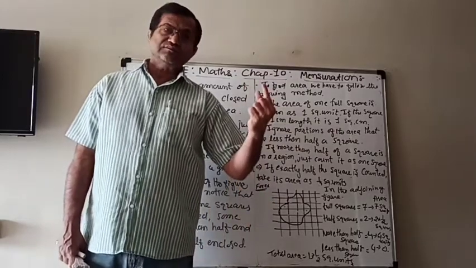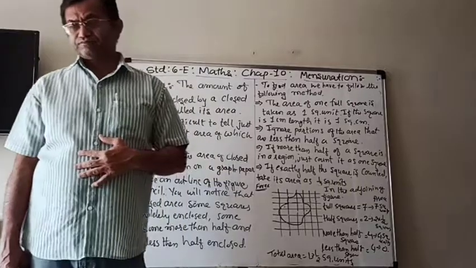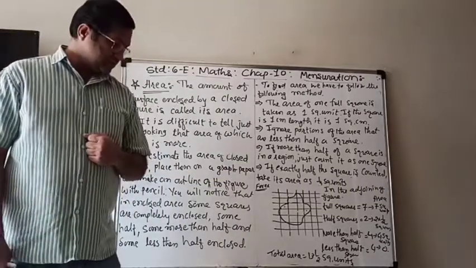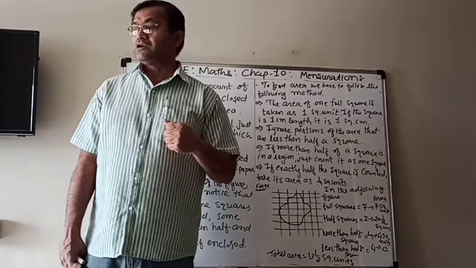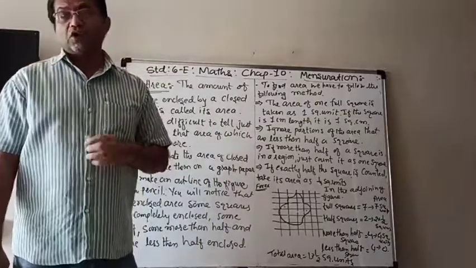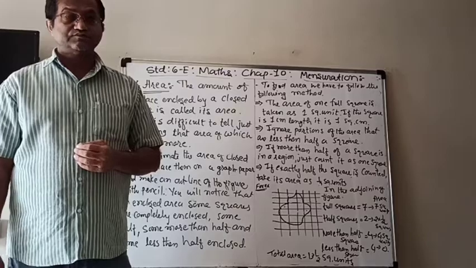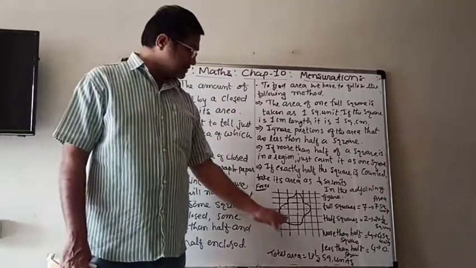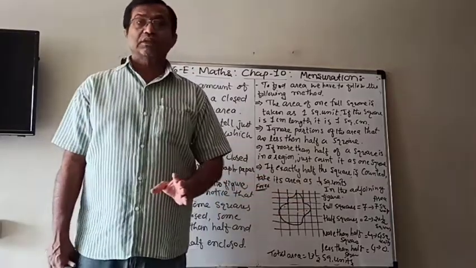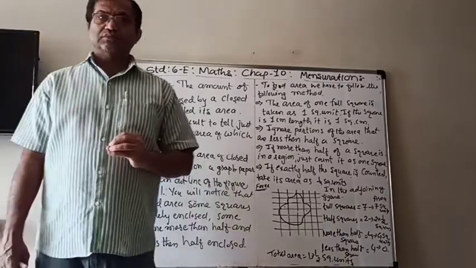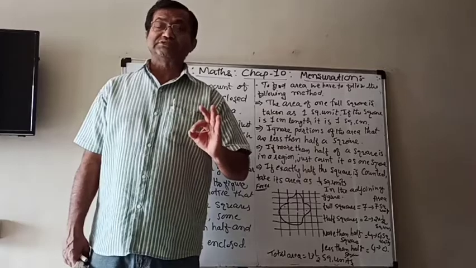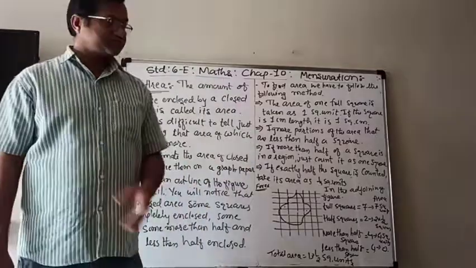And then there is an idea in which we have to use a squared paper or a graph paper. I draw it like this. Squared paper is also available, or better, you can use a graph paper.